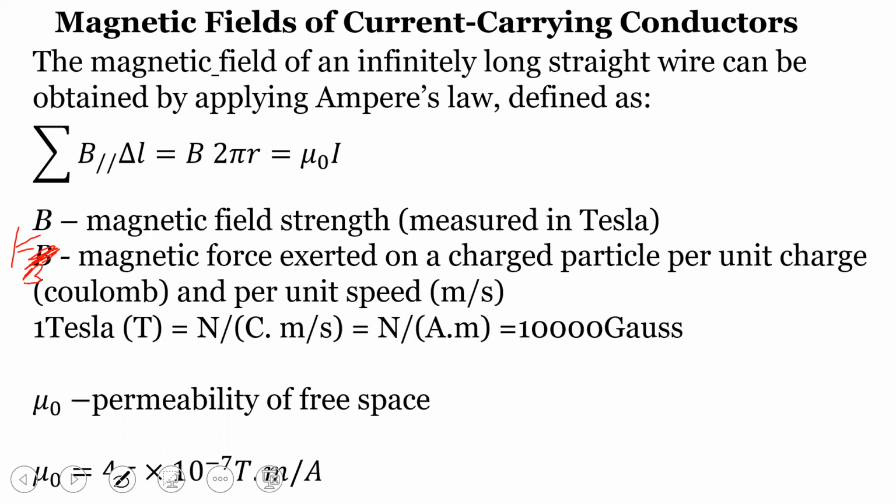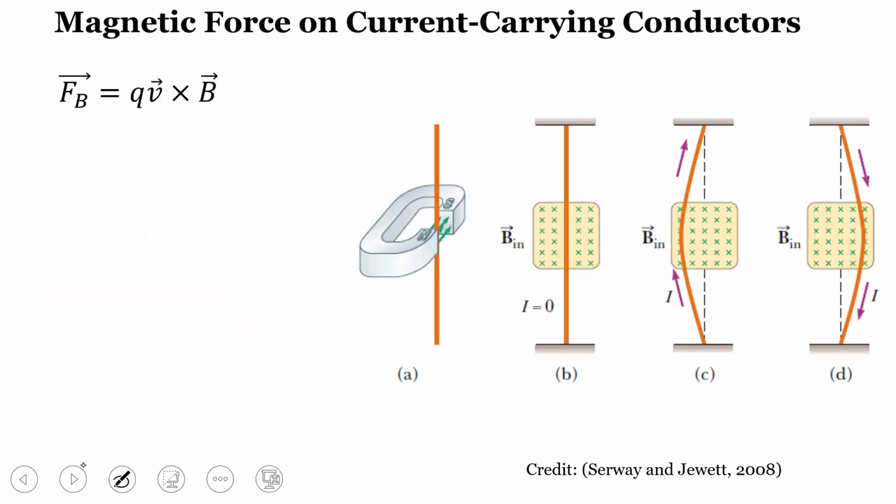So the magnetic force exerted on the charged particle per unit charge. Yep. So the diagrams here are telling us about current flow in a current carrying conductor in the presence of a magnetic field.